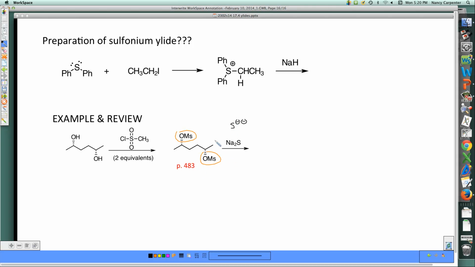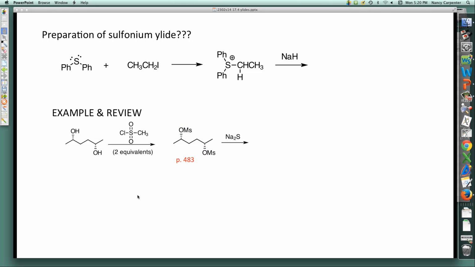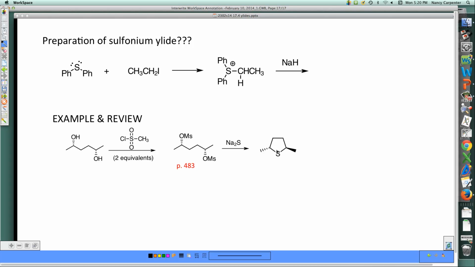So that should lead me to think that I'm going to get a substitution. Well, can you figure it out? If I get a substitution with a 2-, hey, very cool. What I've done is I have done an intramolecular substitution reaction to give me, wow, is this cool or what?